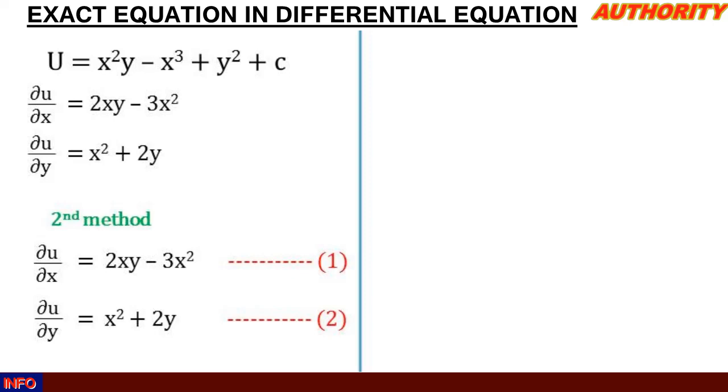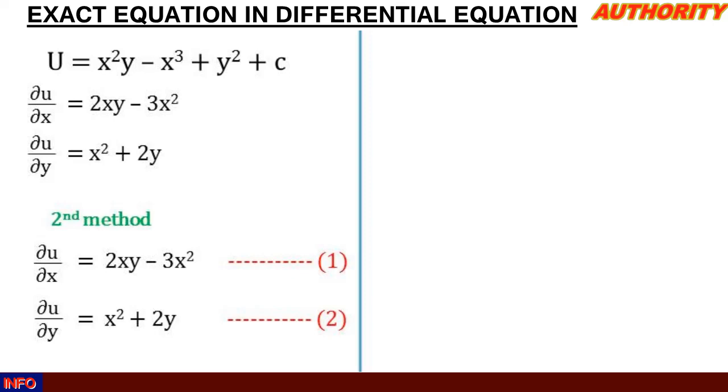In our equation 1, we have the partial derivative of u with respect to x equal to 2xy minus 3x squared, which is equation 1. And then we also have the partial derivative of u with respect to y, which is equal to x squared plus 2y. We call this equation 2.